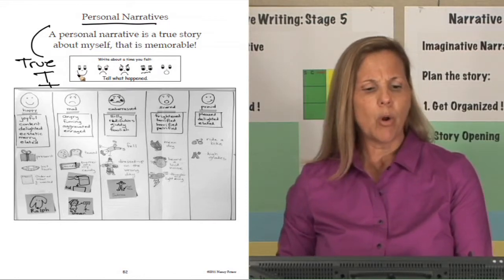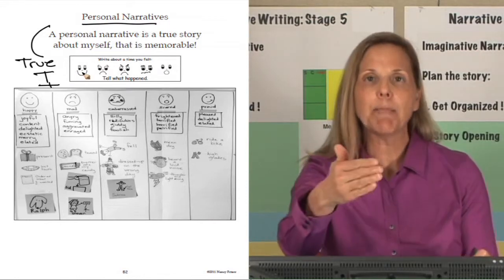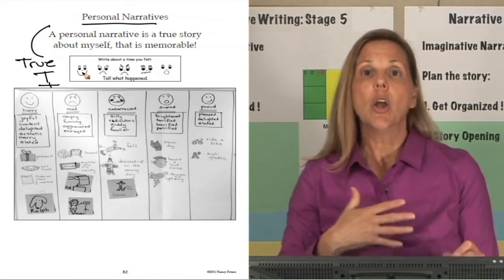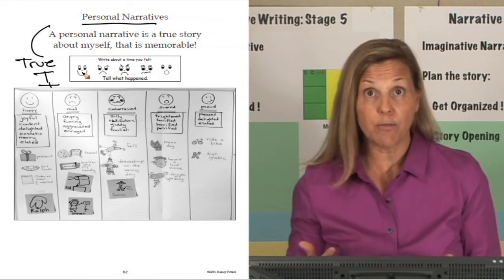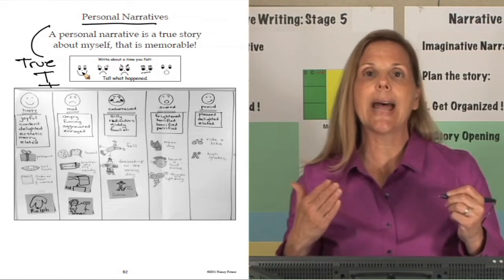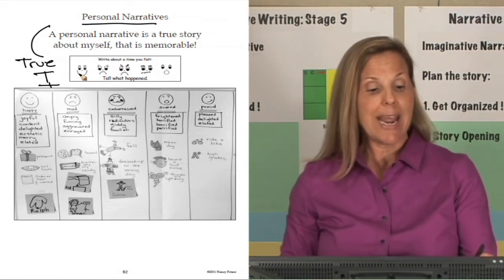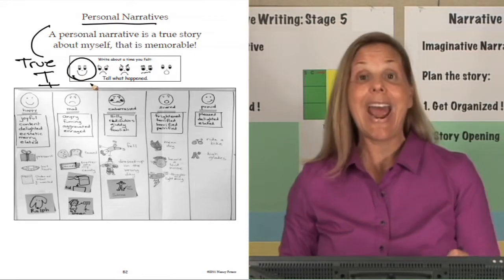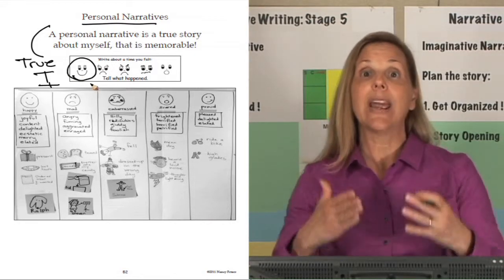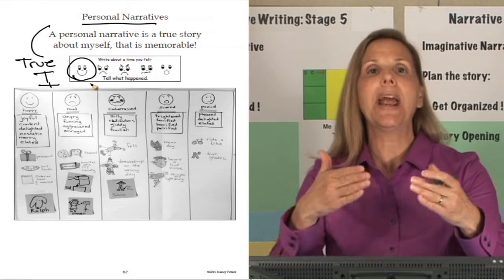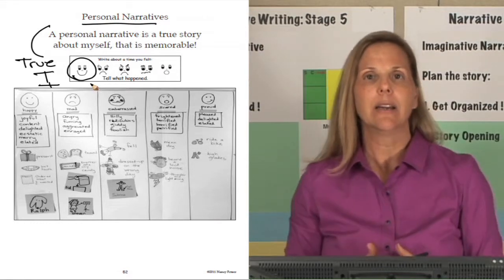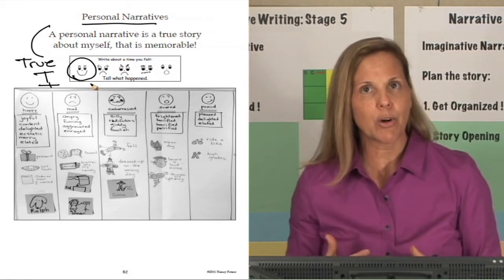memorable? Memorable is when something happened to me and it was so important for me to tell you this story because I had an emotional reaction. For example, something happened to me that made me really happy. So now I have to tell you the story about what happened to me that made me happy. That's the whole idea of a personal narrative.